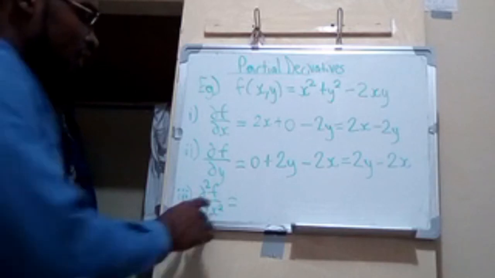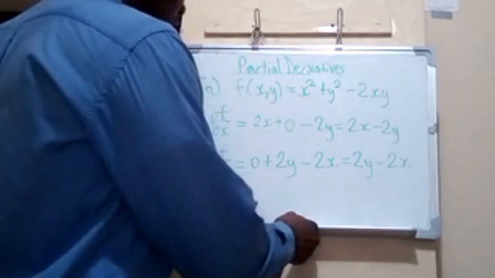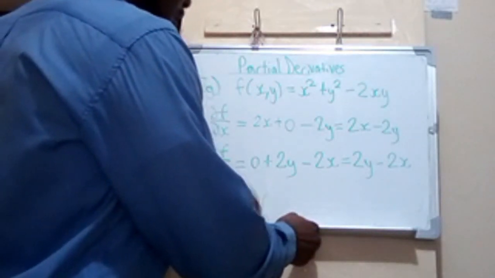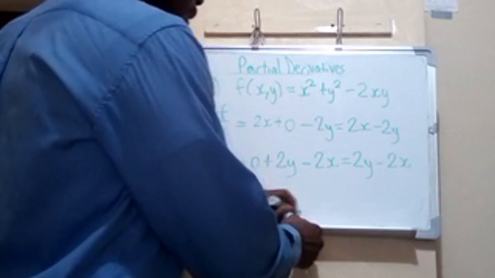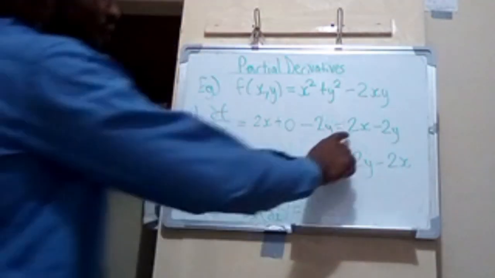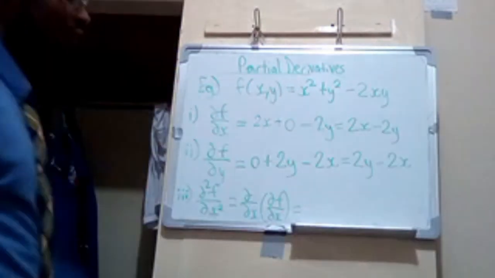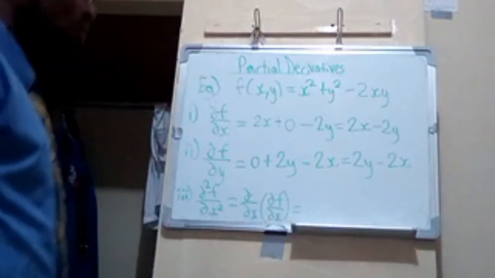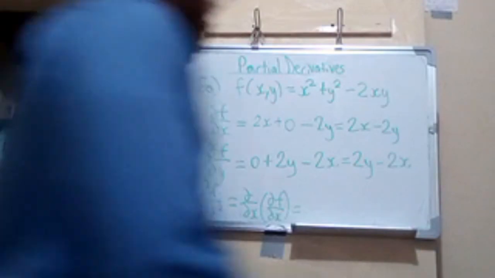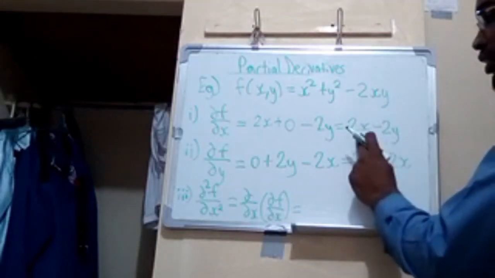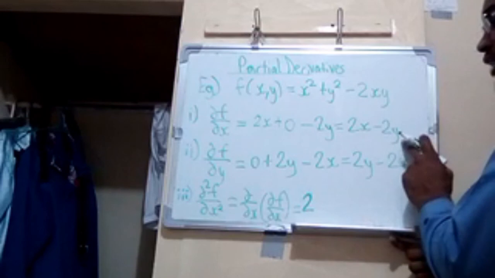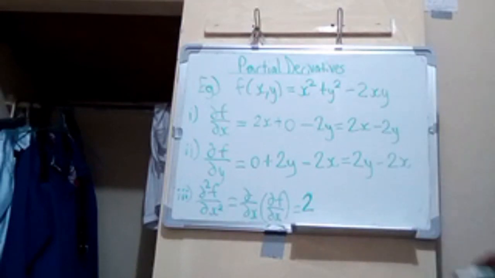That would be ∂/∂x of ∂f/∂x. So we're differentiating 2x minus 2y. When we differentiate 2x we get 2, so this is equal to 2. We differentiate minus 2y, y is held constant, so we get 0.